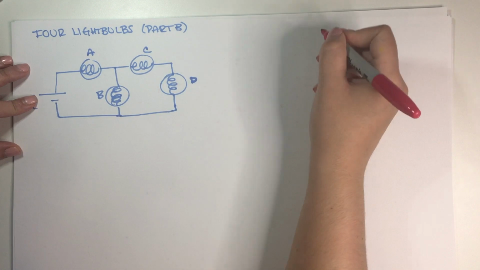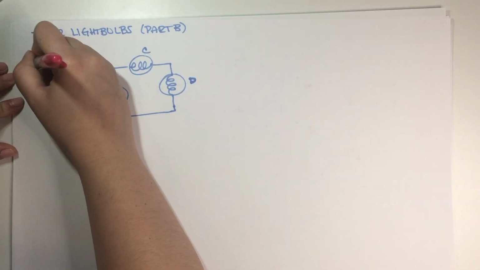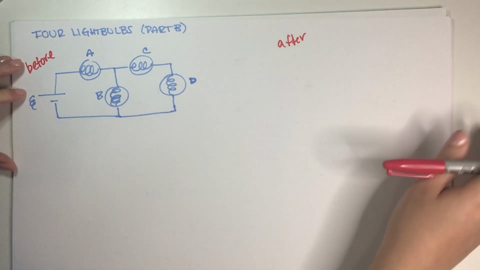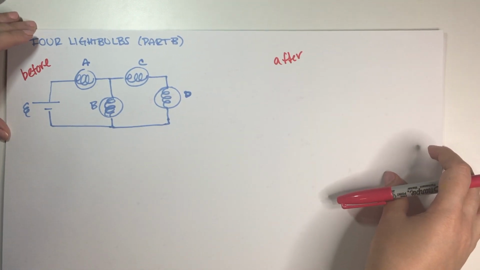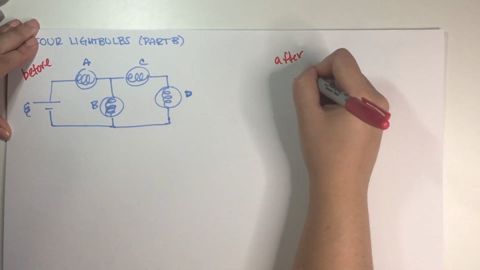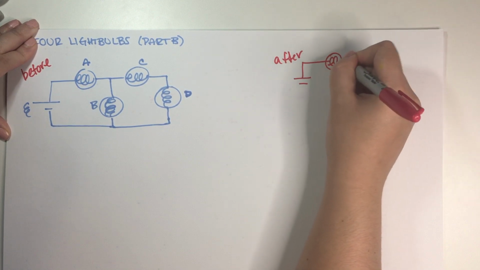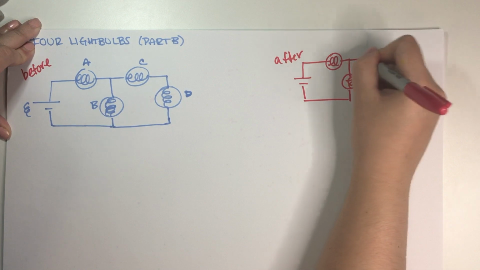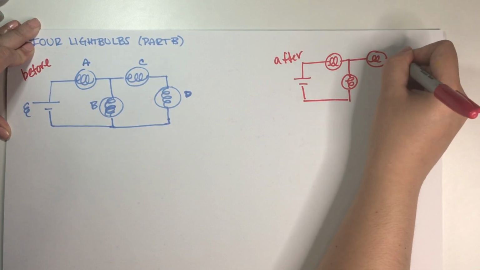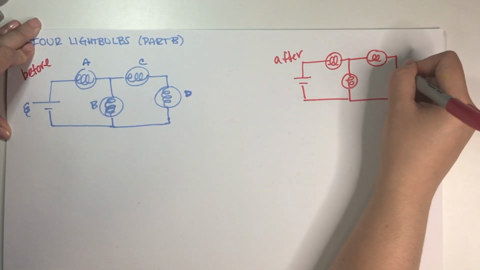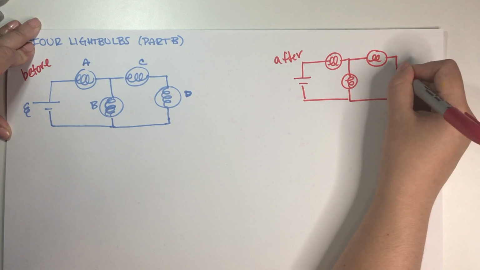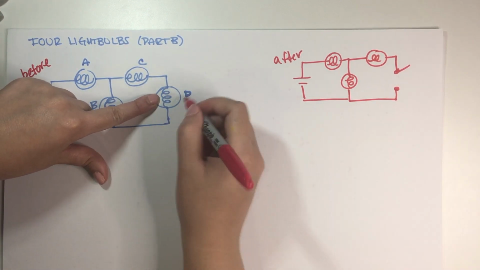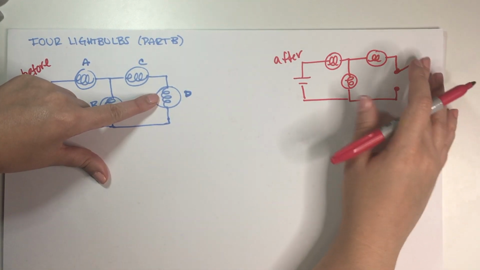Okay, so basically what happens, again, this is the before and this is the after. So after it breaks, my circuit is basically gonna look something like this, because once this thing breaks, the wire breaks, as the instructions say.